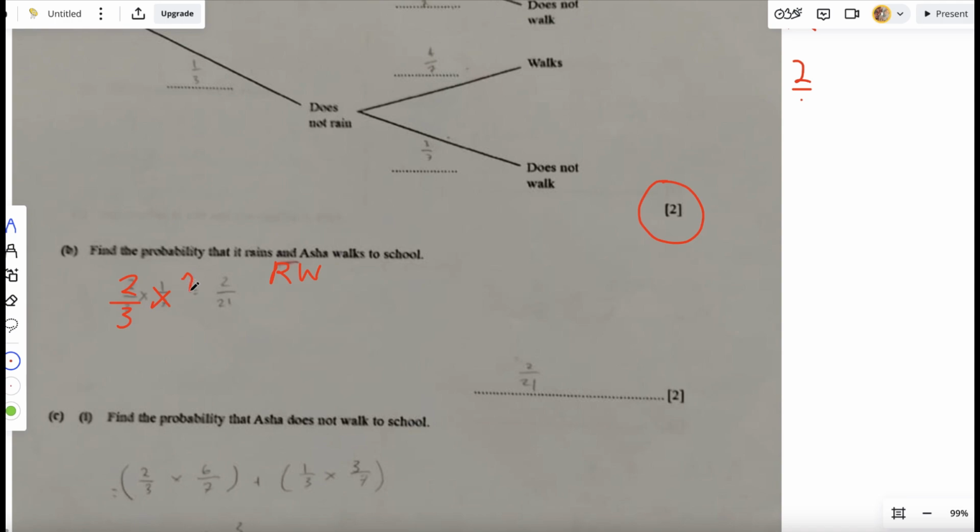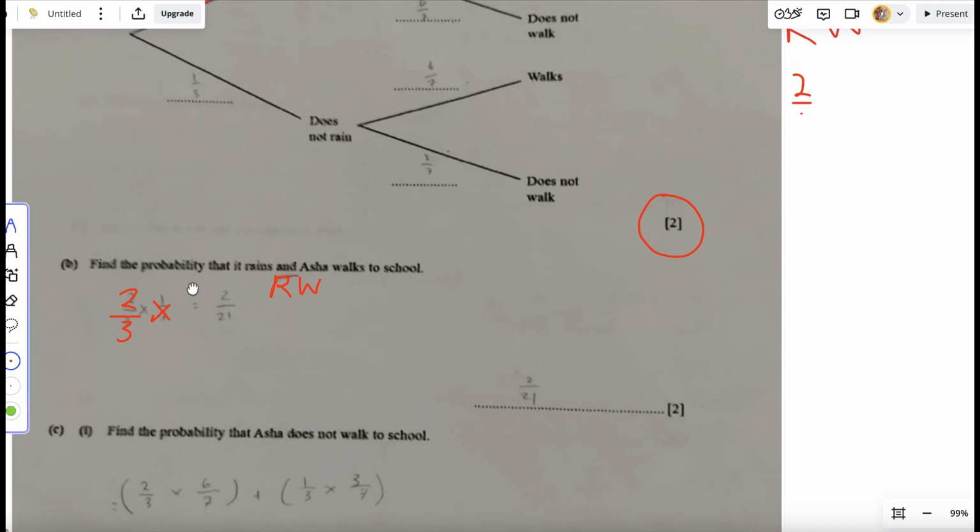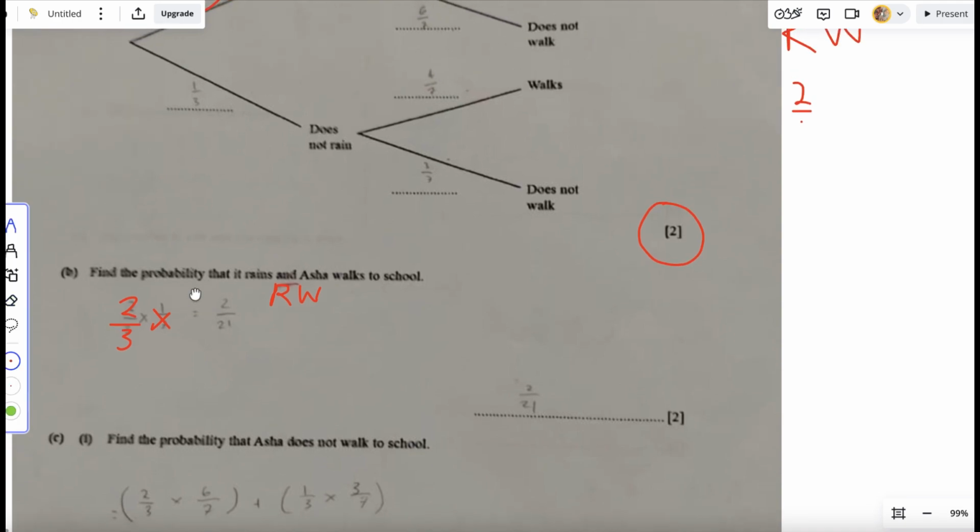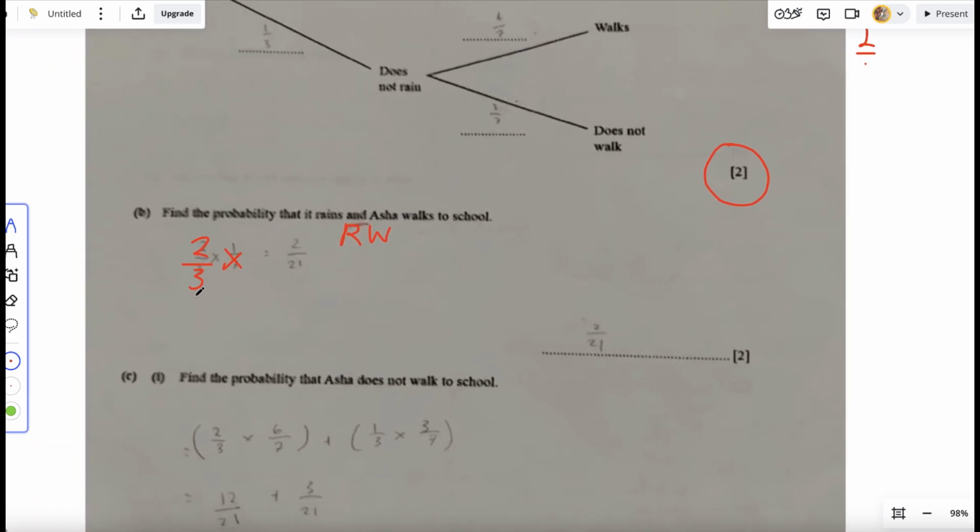Okay, probability that it rained and she walked to school is 1 over 7.